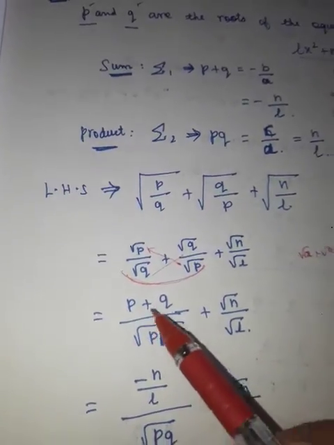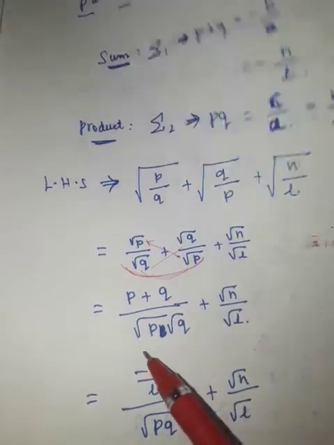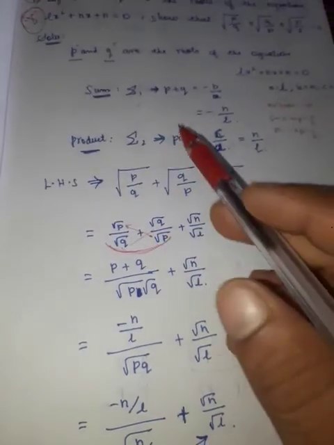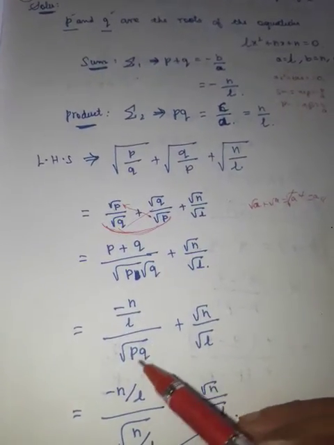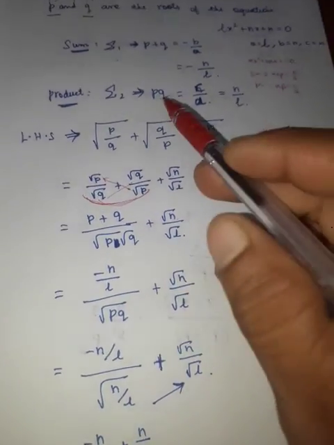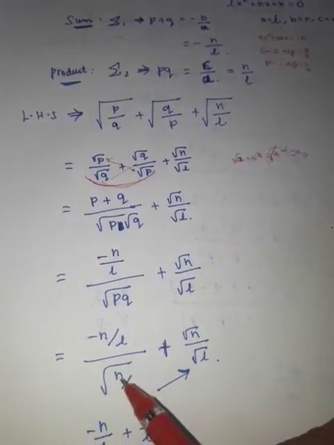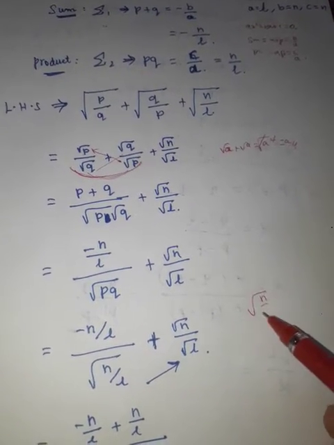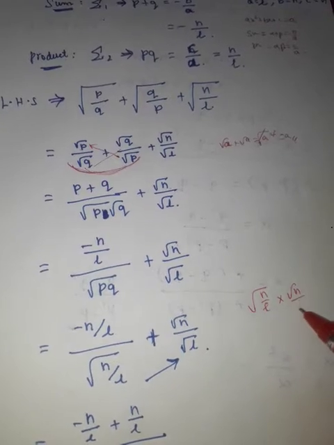Like this, we multiply these two: p plus q over root p root q, plus root n by root l. Then p plus q value is minus n by l, over root of pq, plus root n by root l. Applying the pq value n by l, then we multiply these two, n by l into root n root l.